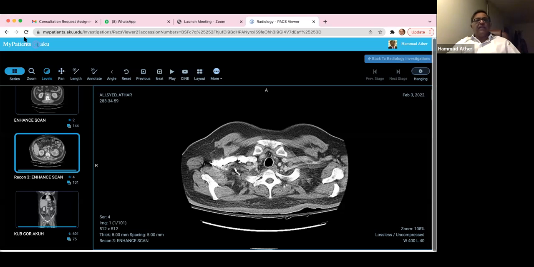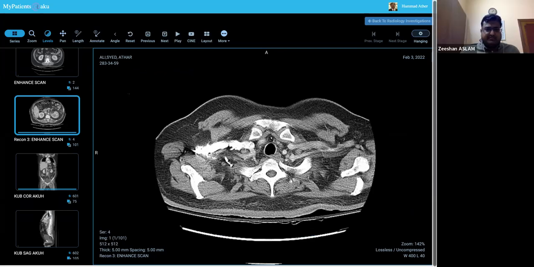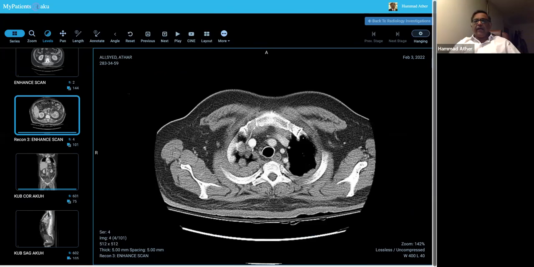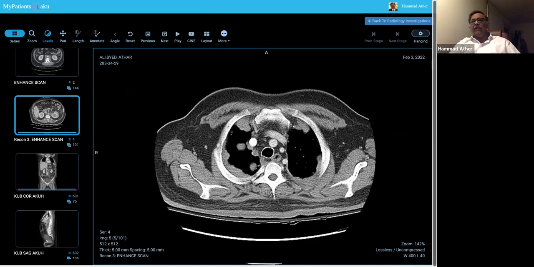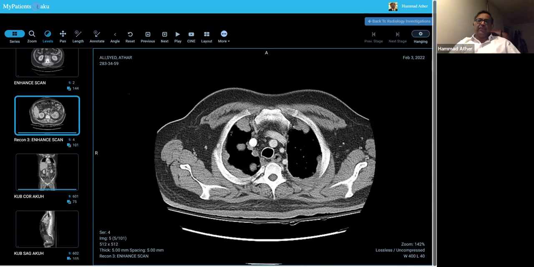So is my CT visible? Yes. Okay. So these are the chest cuts, and I would like the residents particularly to keep noting down and writing in the chat box the findings that they are seeing. So we are looking at the lung, the chest cuts, and we are watching them in the chest windows.